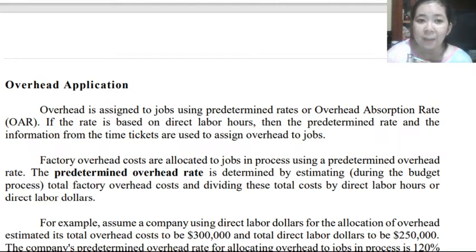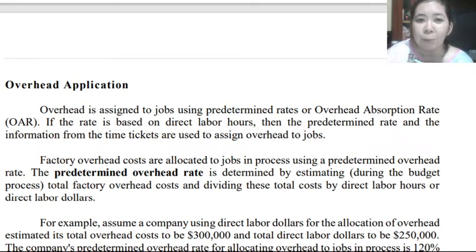If the rate is based on direct labor hours, meaning we can use the number of hours worked on the job in allocating our manufacturing overhead, then the predetermined rate and the information from the time tickets will be used to assign our overhead. Factory overhead costs are allocated to jobs in process using a predetermined overhead rate, as mentioned.